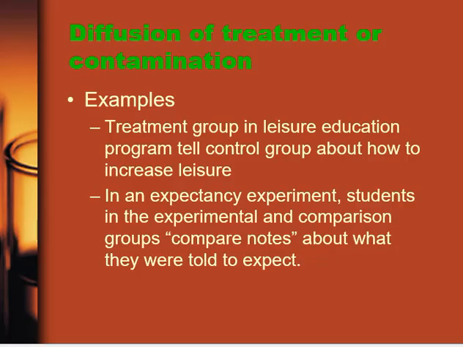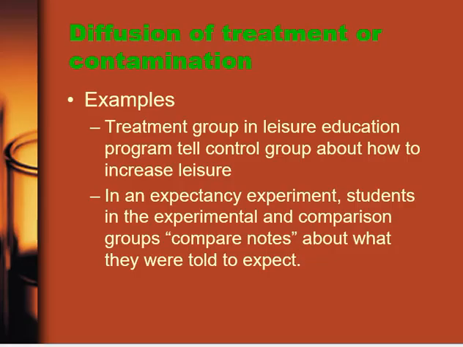So also in an expectancy experiment, this is when people need to have knowledge of what they're expecting. It could be that the students were talking to each other, comparing notes about what they were told to expect.